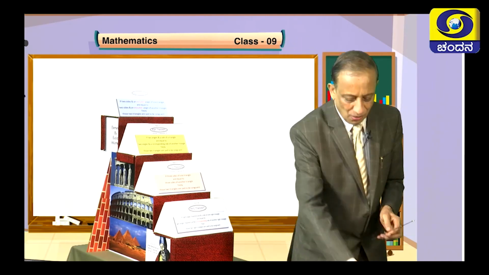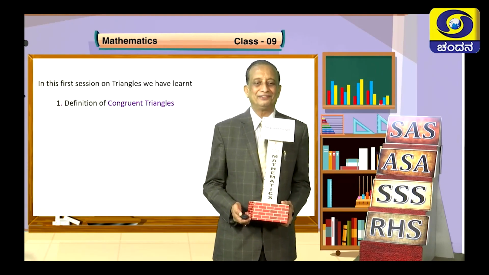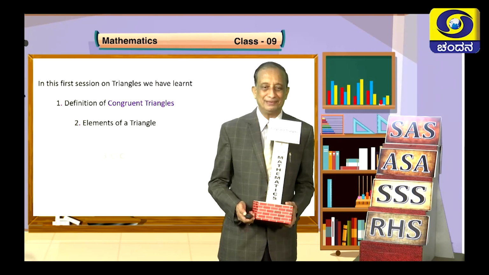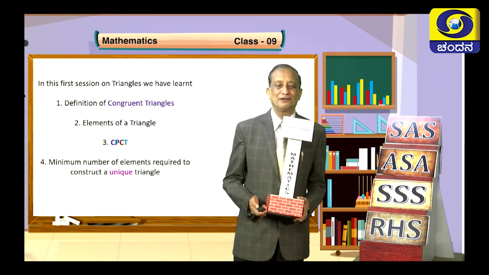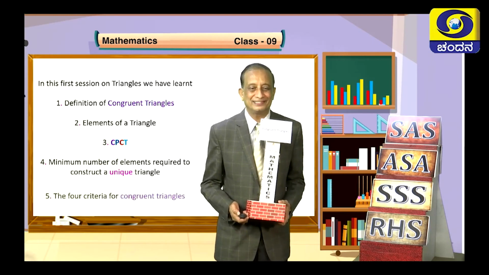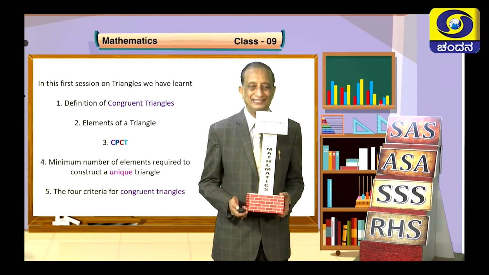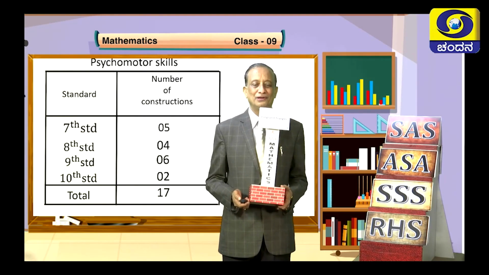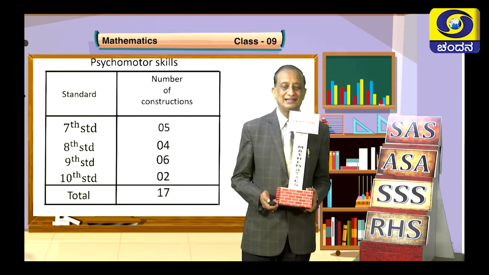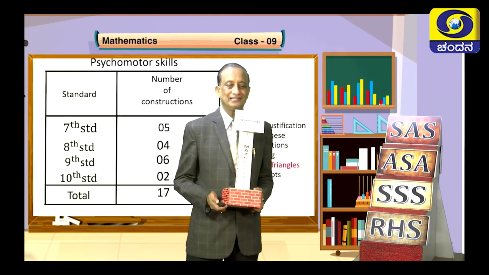Now, in this first session on triangles, we have learnt the definition of congruent triangles, elements of a triangle, CPCT, the minimum number of elements required to construct a unique triangle, and the 4 criteria for congruent triangles. So, children, so far you have done, including 10th standard, 17 constructions. You may be surprised to see this.